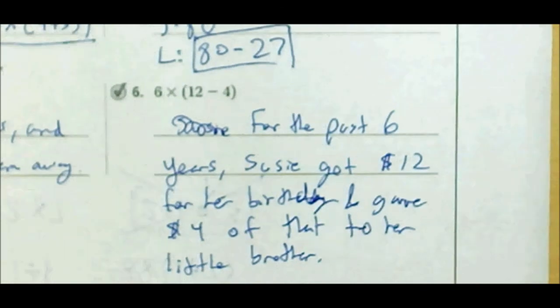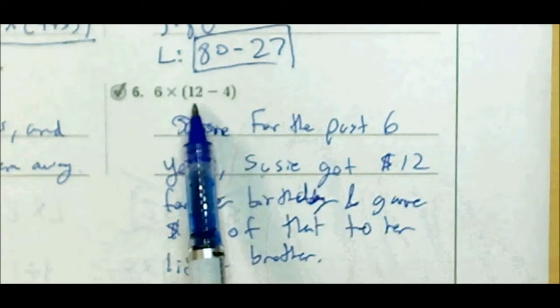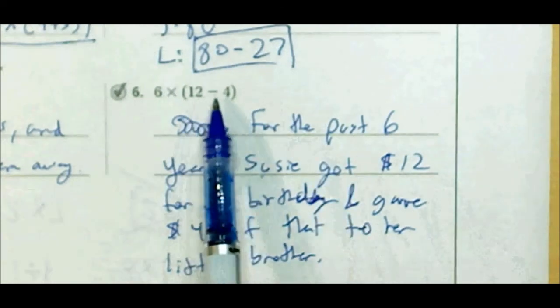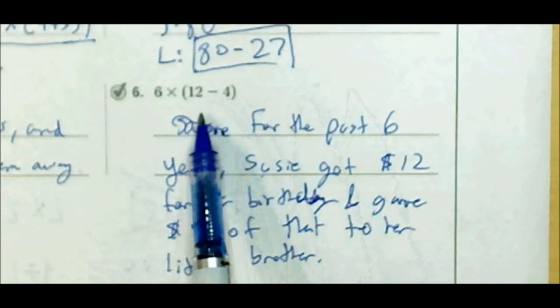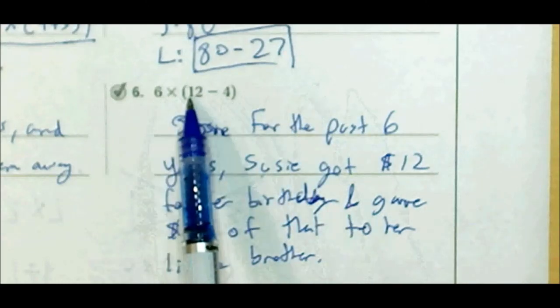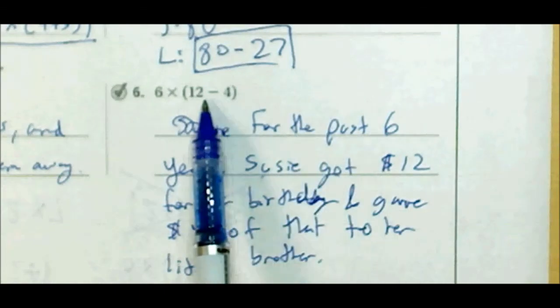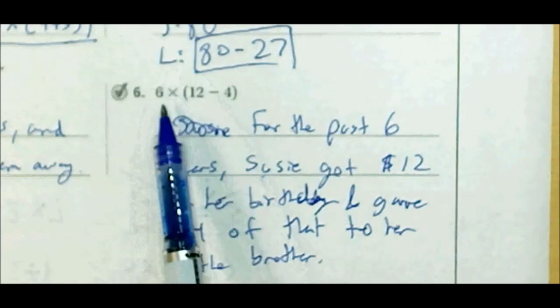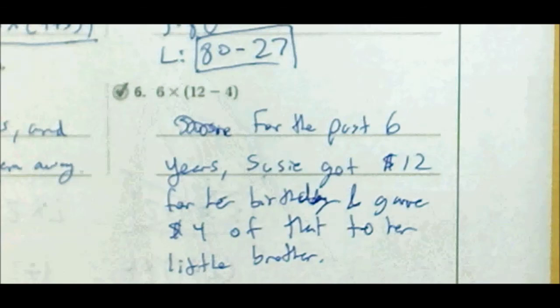Okay? So she got $12 every year, and then she gave $4 of it to her little brother, and she's done that for the past 6 years. So we subtract the amount she gave to her brother, and we multiply that by 6 years, and that tells you how much money that she has saved from her birthdays, her last 6 birthdays.